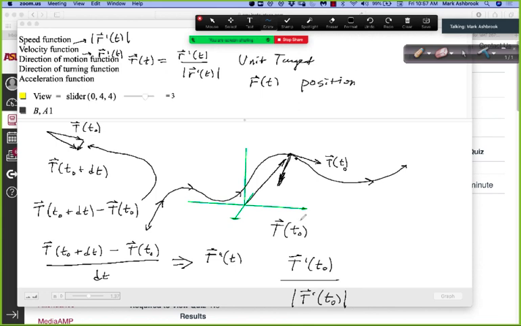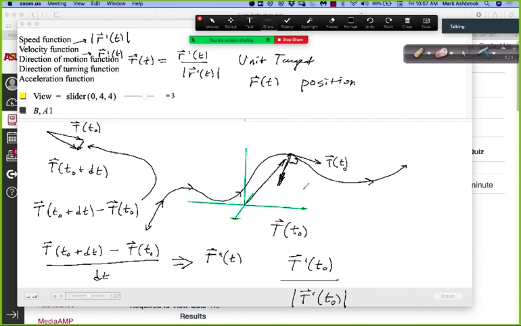Okay? How is that related to our unit tangent vector? Do you see how it's related directionally? Orthogonal. Yeah, it's going to be orthogonal. Imagine a really small dt. It's going to be orthogonal to it. Okay?